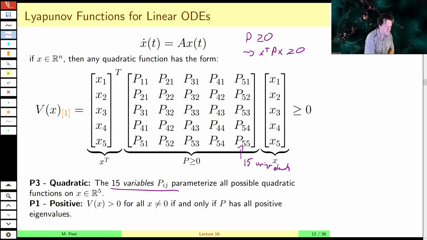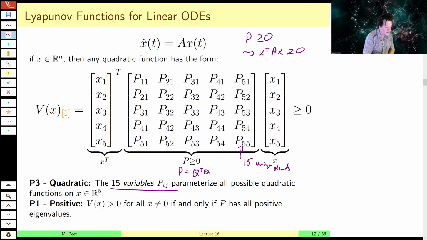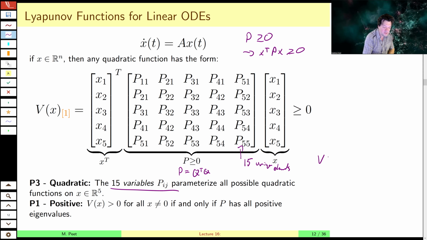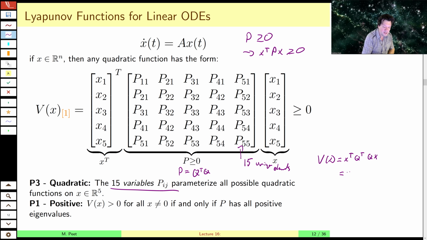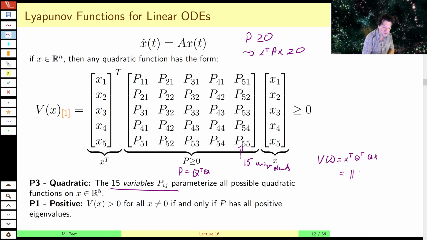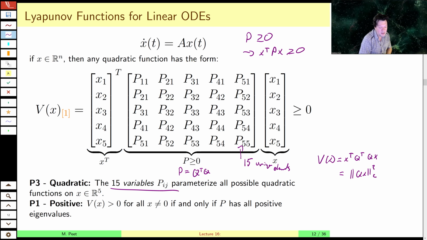If P is positive, then we know that P has a square root, so Q transpose Q. And then the Lyapunov function itself can be decomposed as x transpose Q transpose Qx, which equals just the square 2-norm of Qx.